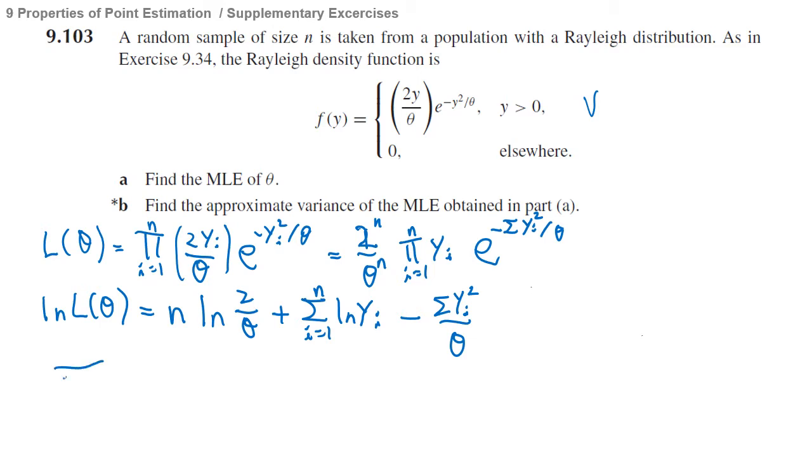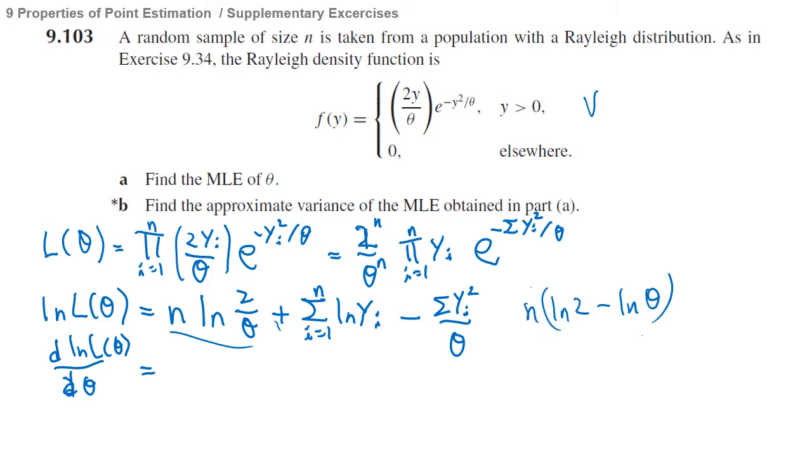So d d theta of ln L theta, maybe it's easier to represent this as ln 2 minus ln theta, and differentiate this thing.